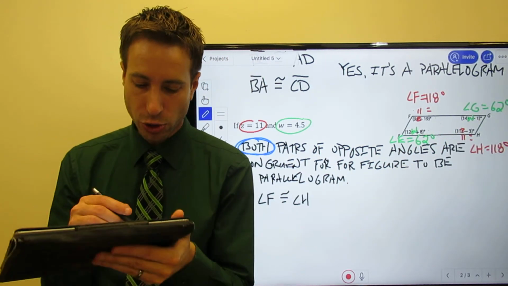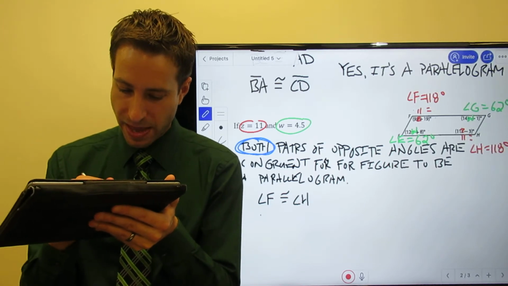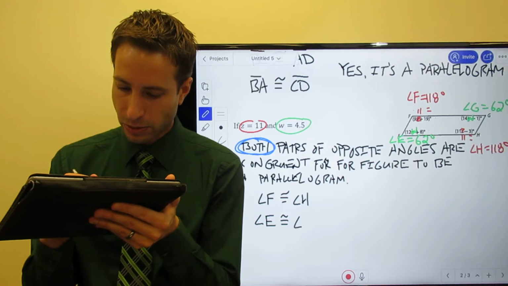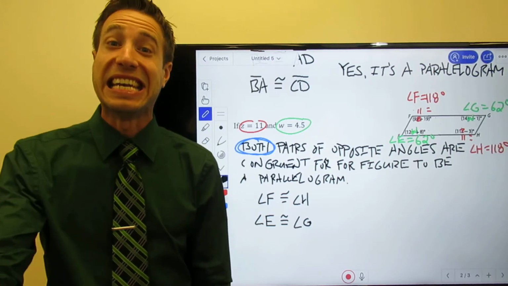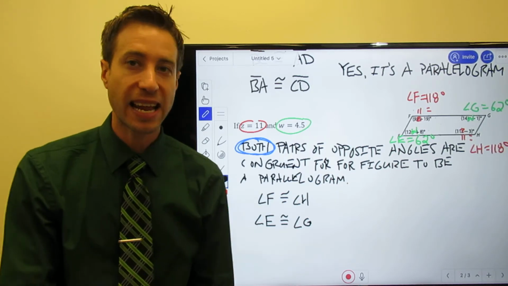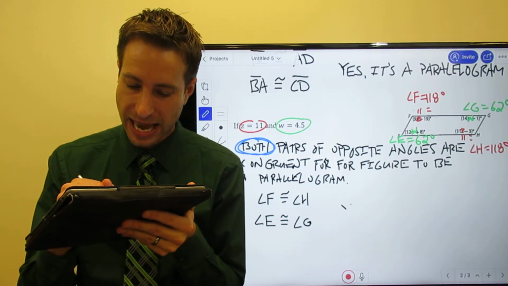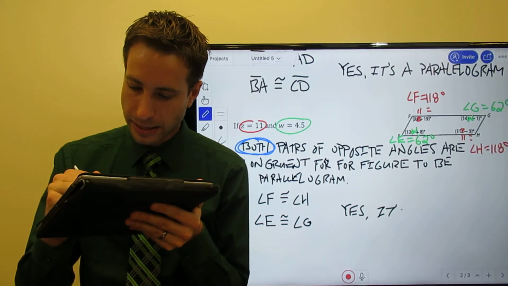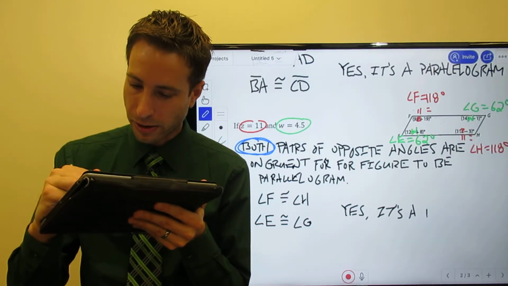I have just shown angle E is congruent to angle G, and now I have everything I need. I've shown that both pairs of opposite angles are congruent, and so once again, yes, it's a parallelogram.